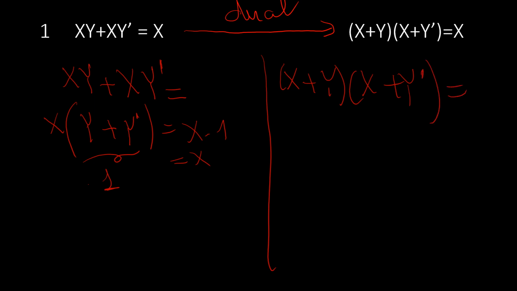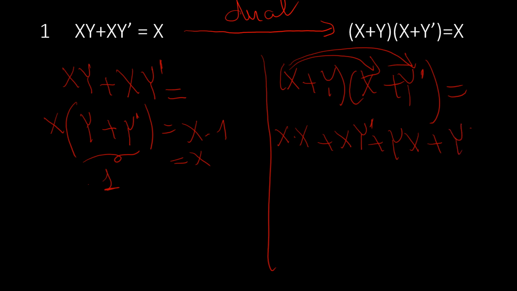I will take x with x, x with y prime. So it is equal to x ANDed x, or x ANDed y prime, or y ANDed x, or y ANDed y prime.